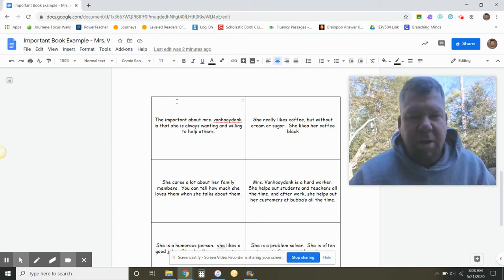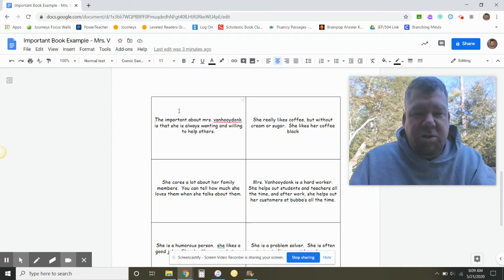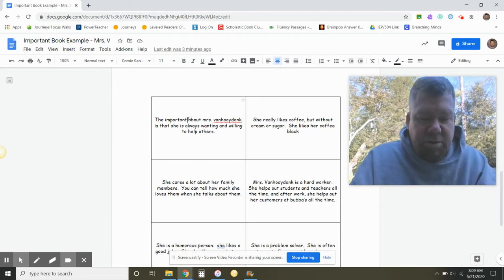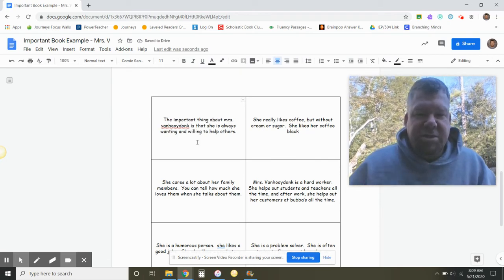The important about Mrs. Van Hooydonk is that she is always wanting and willing to help others. Did you hear it? There's definitely a word missing there, right? So the important blank about Mrs. Van Hooydonk, we should have something in there. So I'm going to put the important thing about Mrs. Van Hooydonk is that she is always wanting and willing to help others.